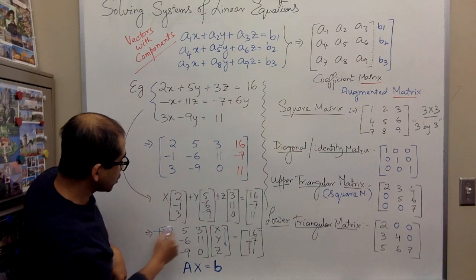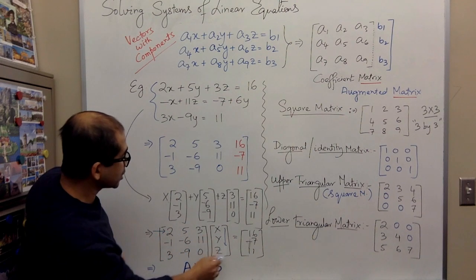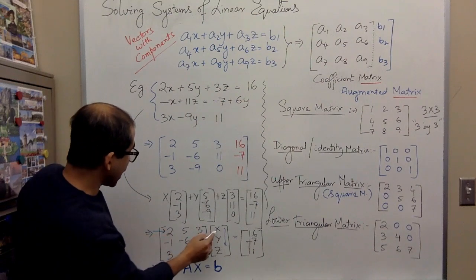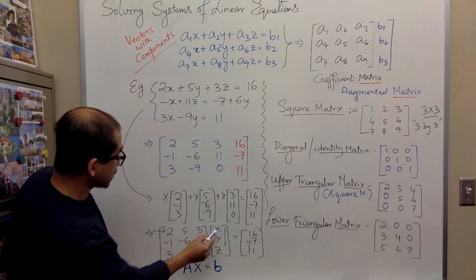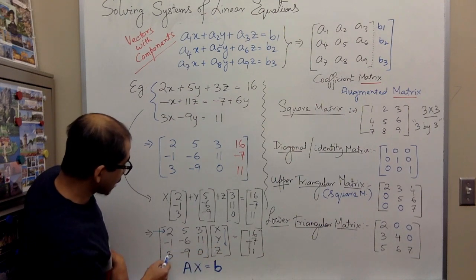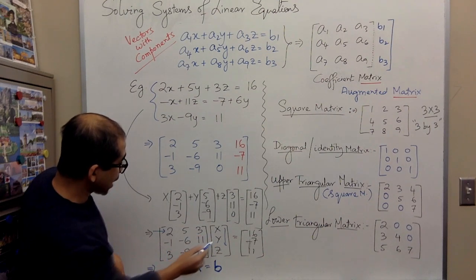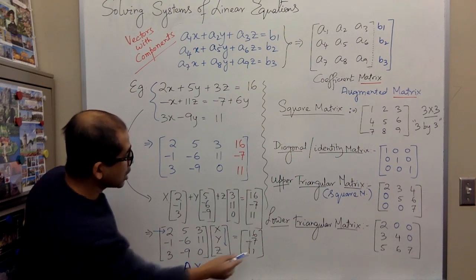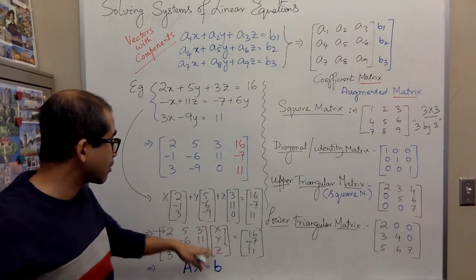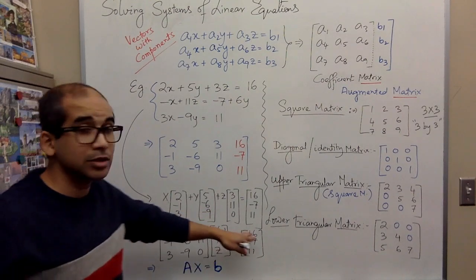This is the 3 by 3 square matrix, and this is a column vector which is just the variables. Similarly, minus 1 times x plus minus 6 times y plus 11 times z, and 3 times x minus 9 times y plus 0 times z equal to 11. So this is the coefficient matrix, these are the variables, and these are the constants.